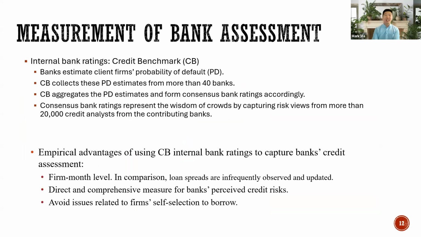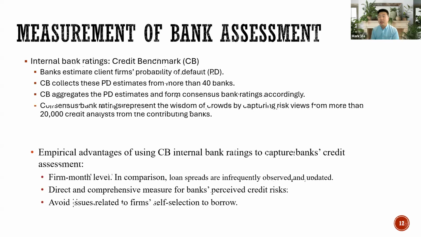Ben got this very interesting data about credit ratings from Credit Benchmark, and what they did is they asked for information about banks' assessed probability of default, collect such information from different banks about different customers, and then calculate a consensus across the different banks' ratings.